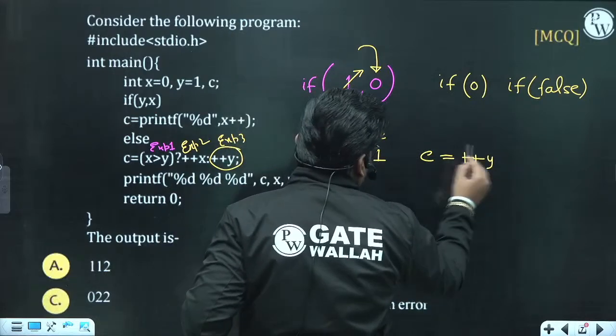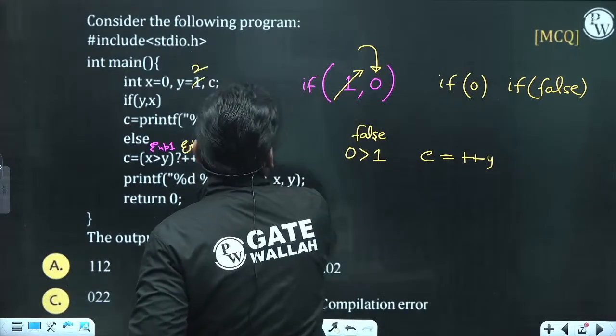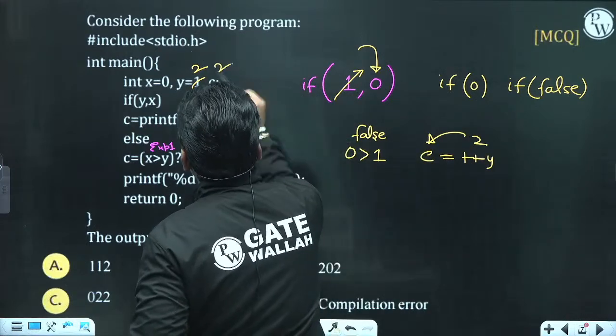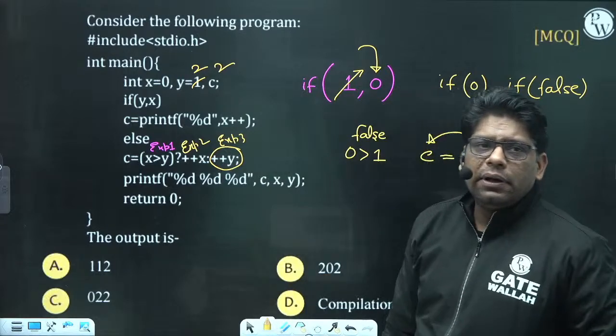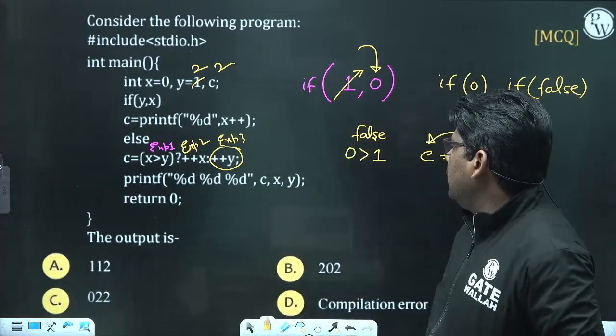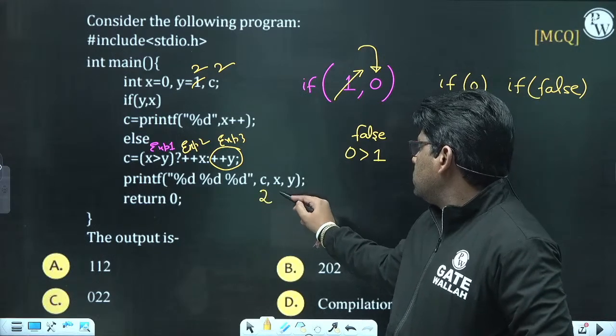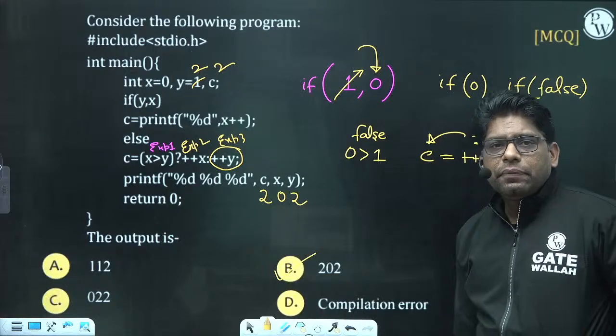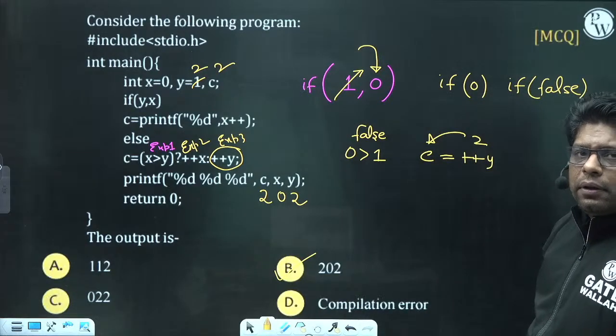What does plus plus y say? First increase the value, and the same incremented value is assigned to c. Is that okay? That is why the values of c, x and y are 2, 0 and 2. So the correct answer is option B. Is that okay?